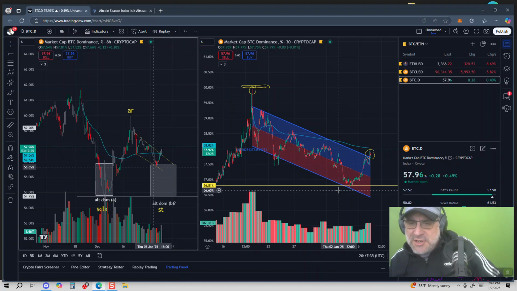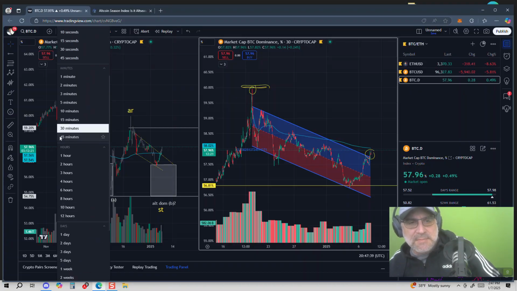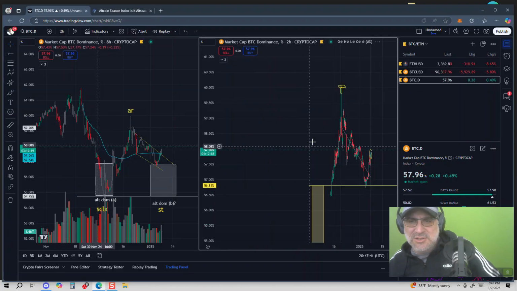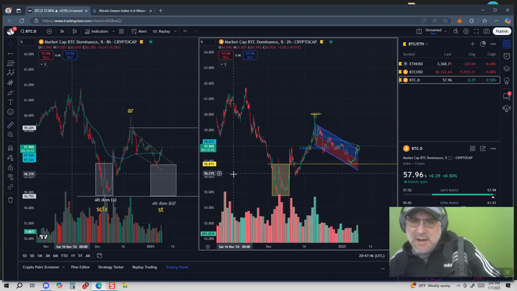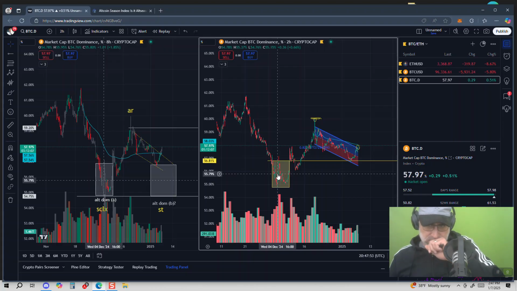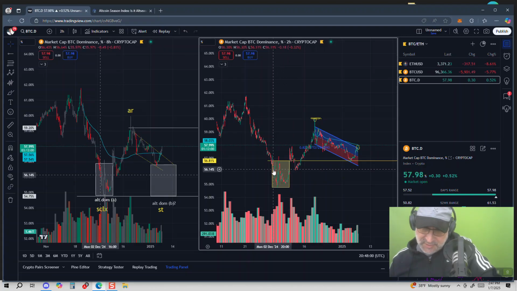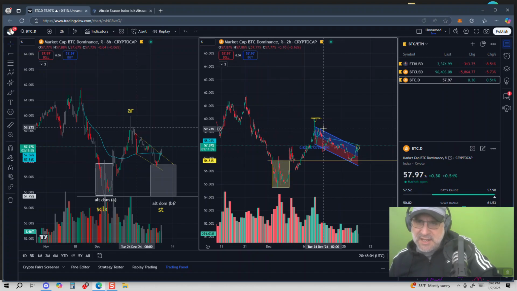Now, if it falls underneath this yellow line, now this is on the 30-minute. Let's take it out. I want to show you guys something. Let's take it to the 2-hour. Okay, so this rectangle shaded in yellow was where the prior alt season was, that little window that we had, the week-long window in the beginning of December of last year, when the altcoins were really flying, and then it ended here.